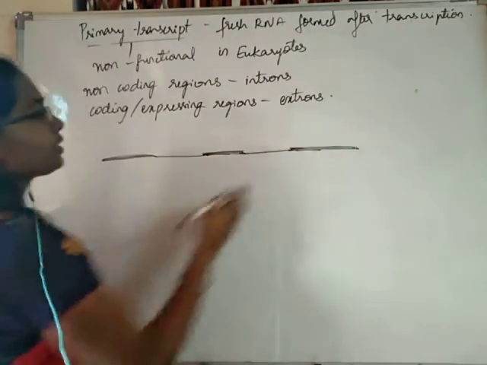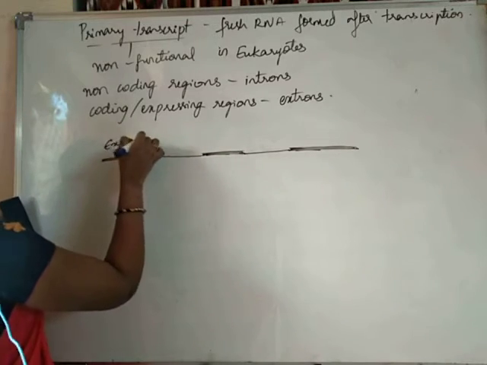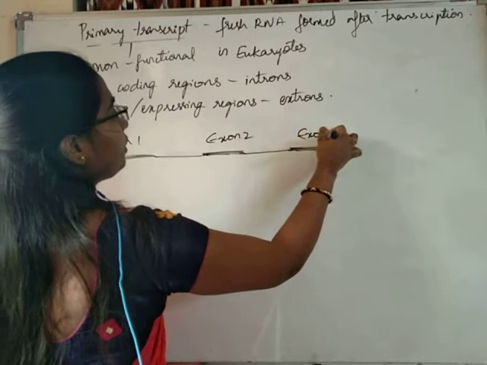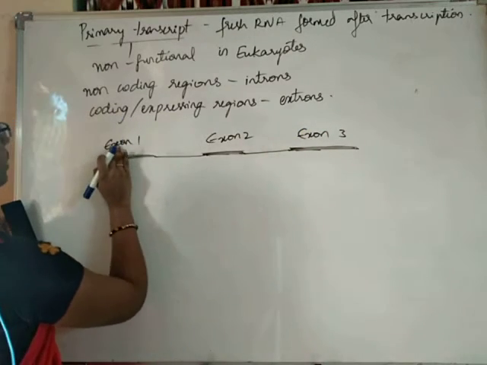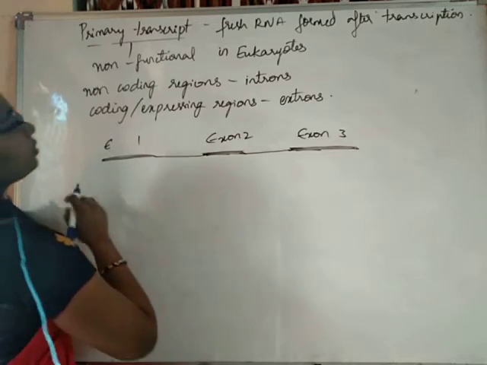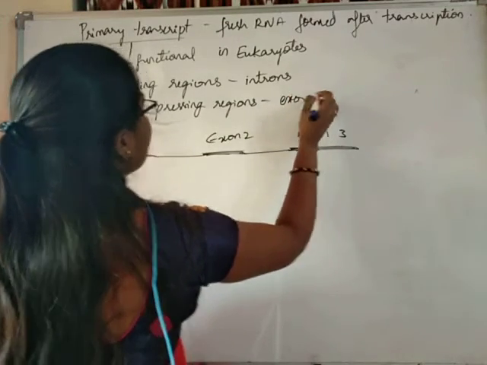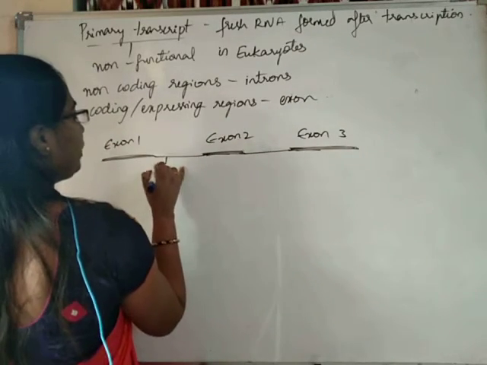For example, if this is a primary transcript, this is exon 1, exon 2, exon 3. These regions present between them are introns.